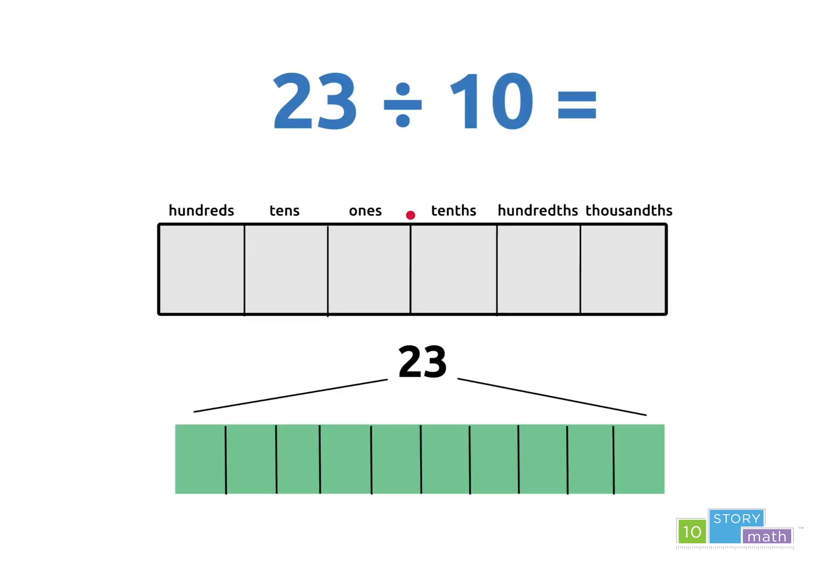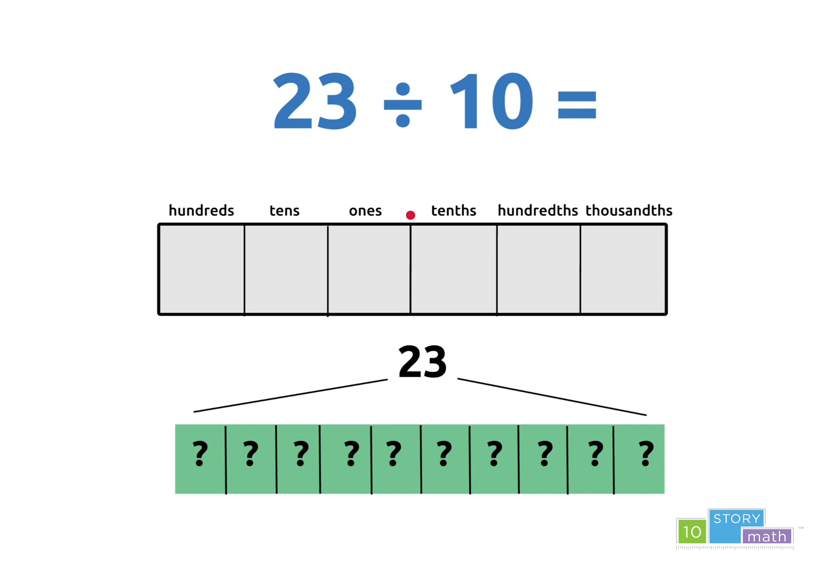Now let's revisit our original problem, 23 divided by 10. I was struggling to figure out what number we could count by 10 times to equal 23. Try solving this problem on your own.